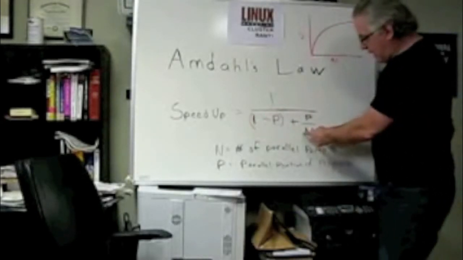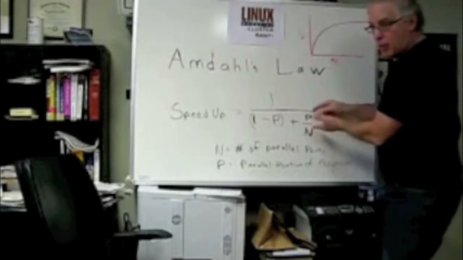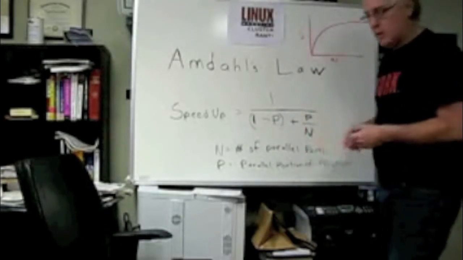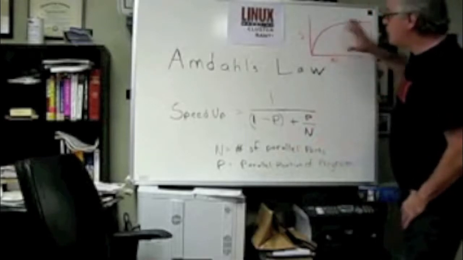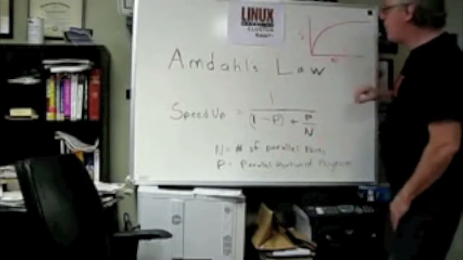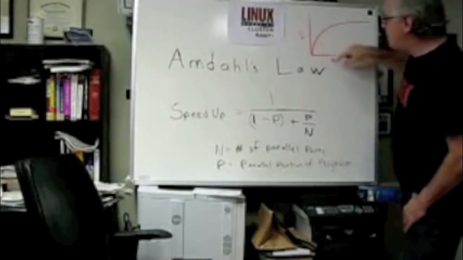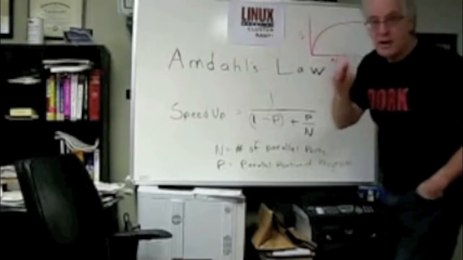Why? Because as n gets bigger, this stays the same, this term gets smaller and smaller, and in the limit it goes to 0. I don't want to scare you with the math there. So, pretty much every program that you try to run in parallel is going to behave like this little chart here. The speedup and n are going to depend on your program. But at some point, it's not going to go any faster.